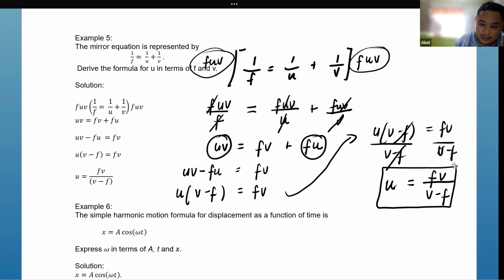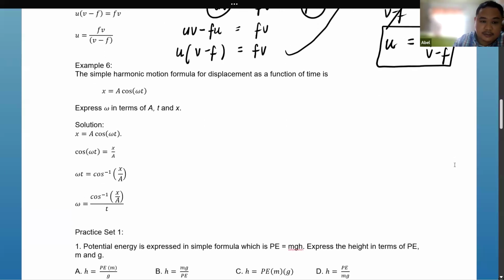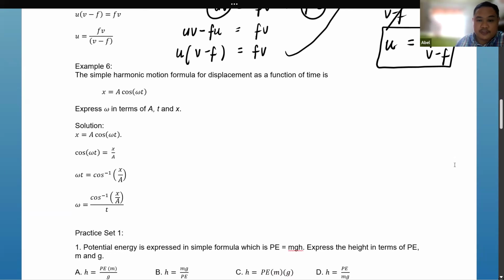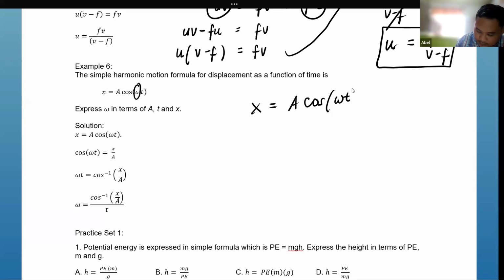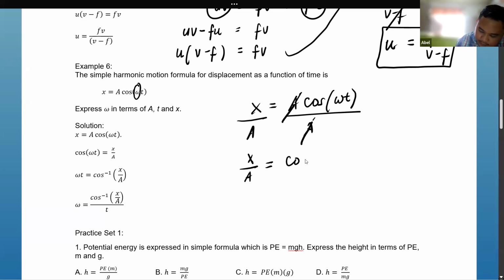Now, how about our example number 6? The simple harmonic motion formula for displacement as a function of time is this. We need to look for the value of omega. Since x equals a multiplied by cosine of omega t, what we're going to do here is divide both sides by a, and so the a here will be cancelled. We are left now with x over a equals cosine of omega t.